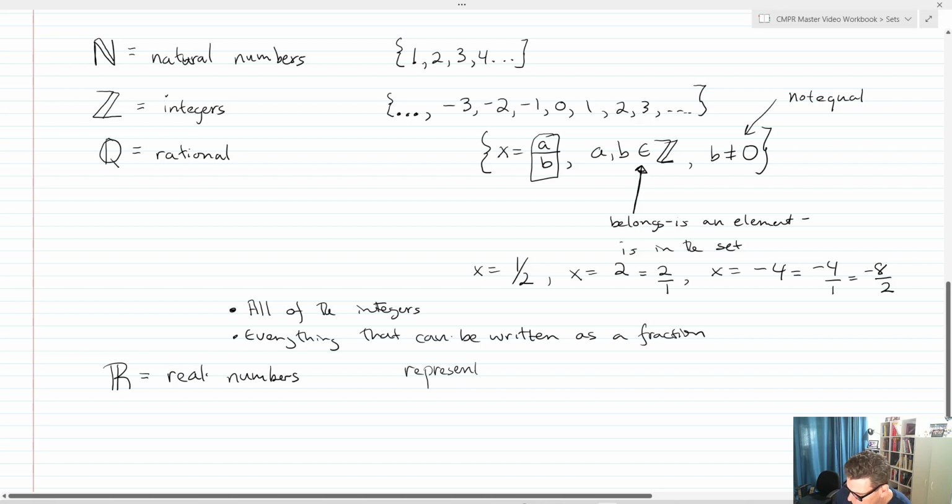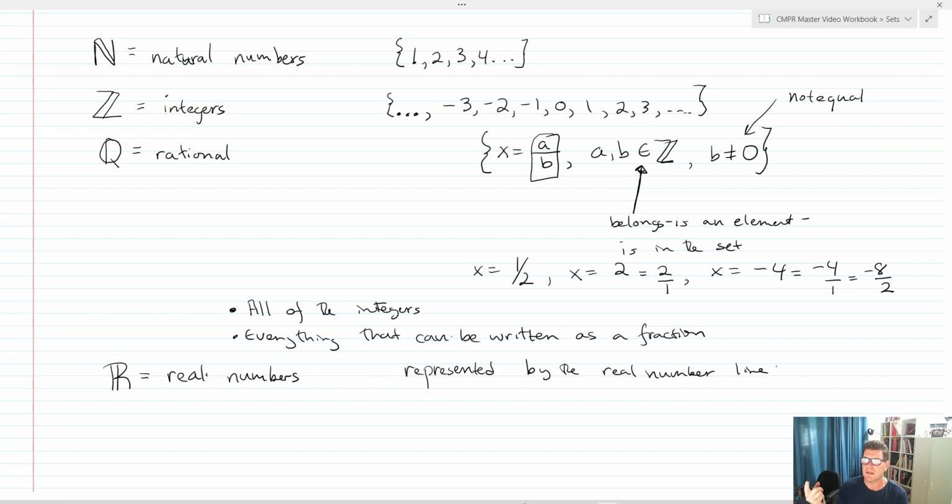In mathematics, we call the real number line dense, that is, there are no breaks in it. These are the things that you use when you're doing algebra, for example. The real numbers are not discrete; they're what we call continuous.